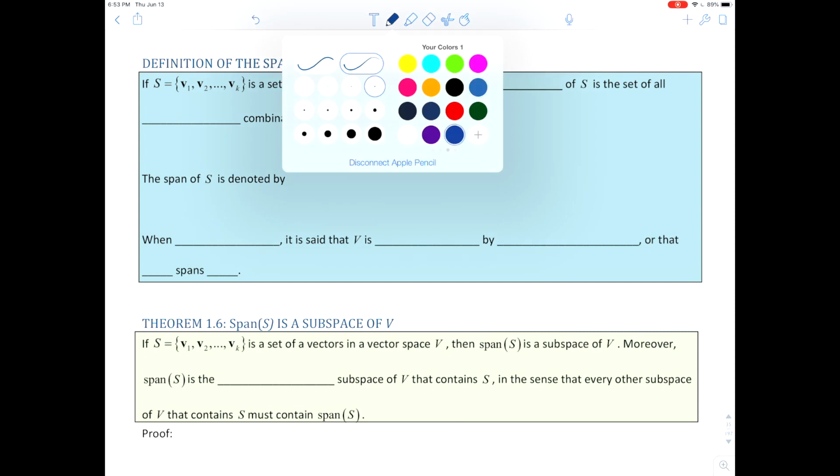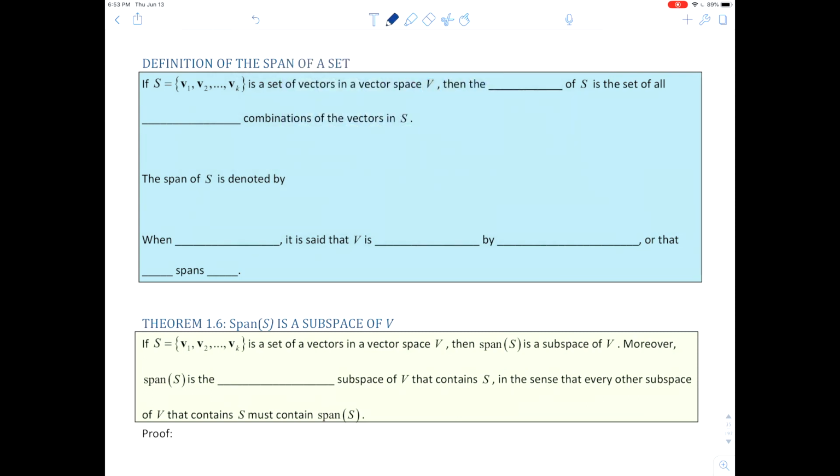So for the span of a set, if S is equal to the vectors V1, V2, all the way down to VK, if that S is a set of vectors in a vector space, capital V, then the span of S is the set of all linear combinations of the vectors in S. So we would say the span of S is equal to the set C1 V1 plus C2 V2 plus and so on plus CK VK.